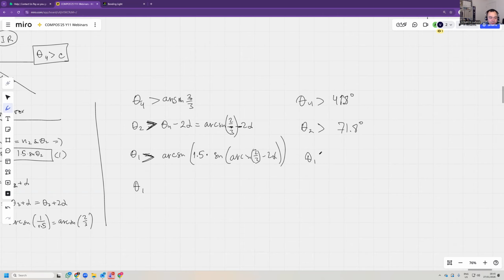And theta 1, or arc sine 1.5 times sine 71.8, and we get an error.